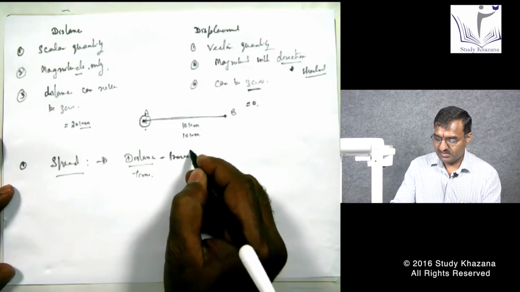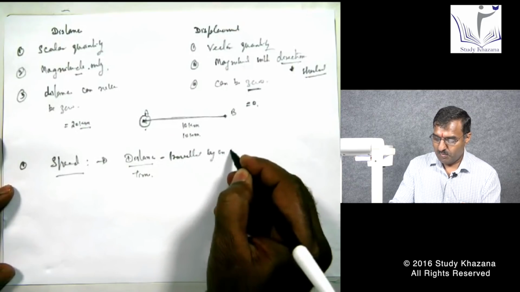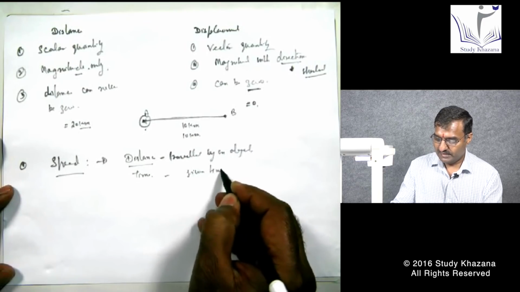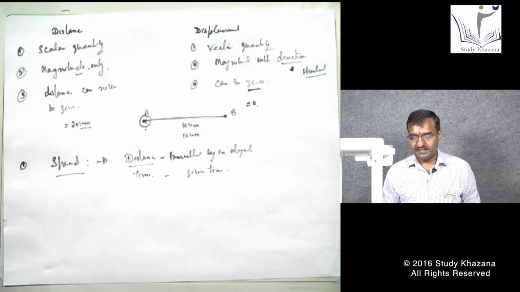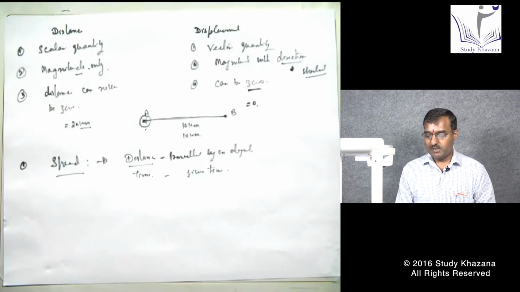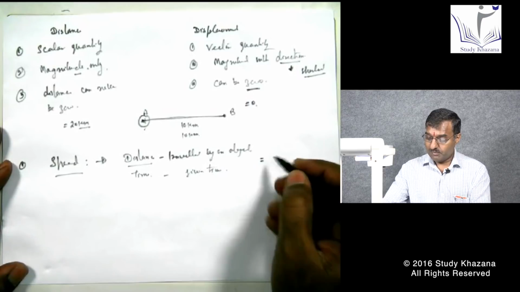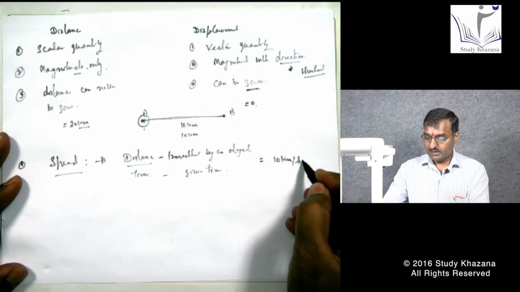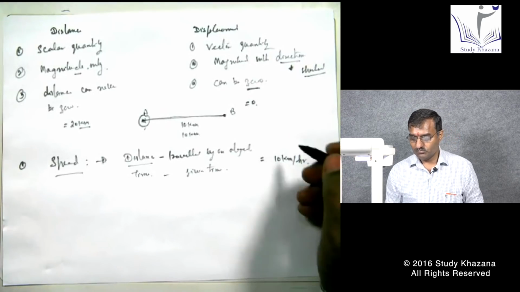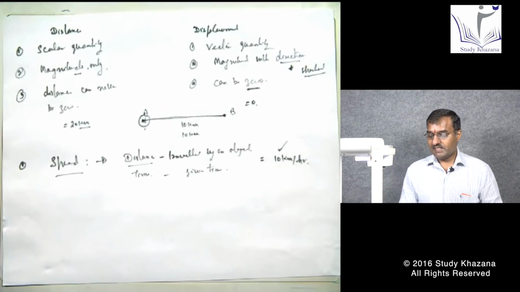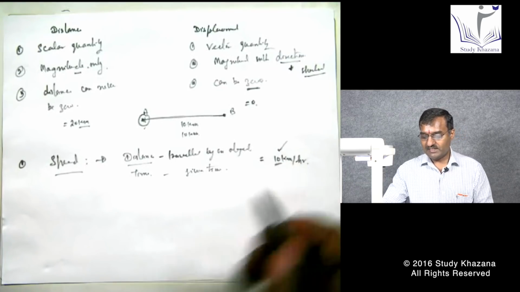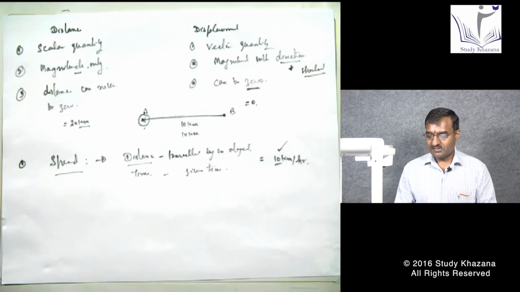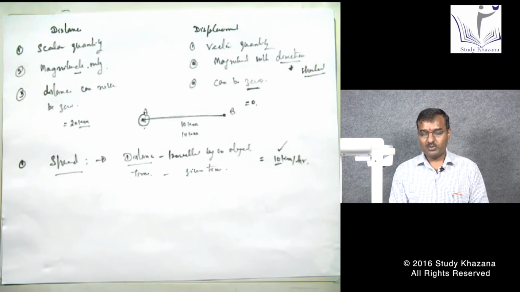Suppose the speed of an object is 10 kilometer per hour. What is the meaning of this? It means the distance traveled is 10 kilometer in 1 hour. So speed is simply distance upon time.